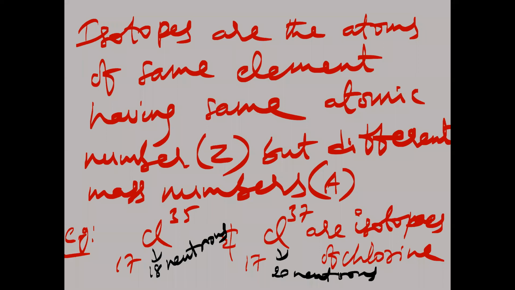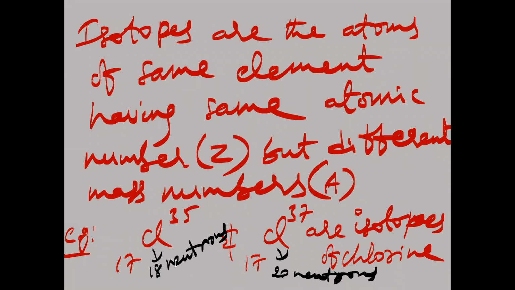So the number of neutrons is different, but atomic number 17 indicates the number of protons is 17 in both cases, and the number of electrons is also 17. But neutrons are 18 here and 20 here. So the number of neutrons is different for isotopes, and the mass number is also different. Protons number and electrons number will be the same.